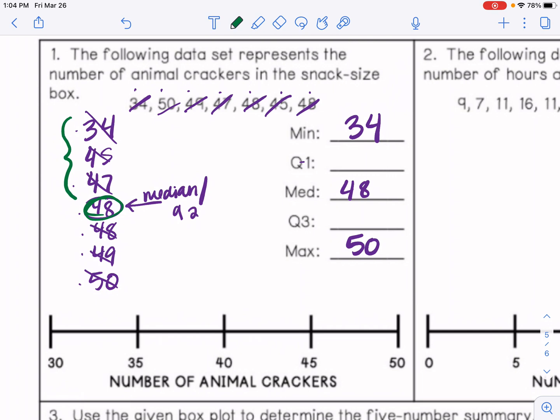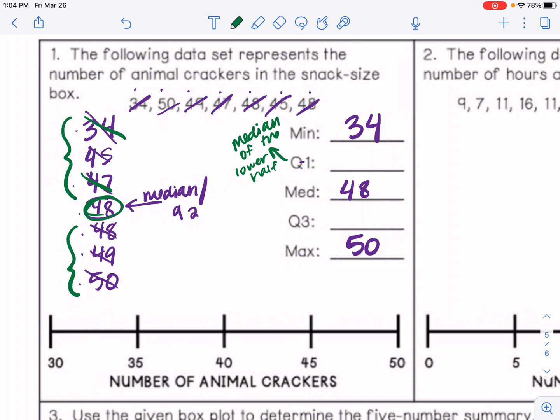If I had 2 numbers, I would include the top number in that. It would be different. And then my upper half, I'm going to save for later. For my first half, Q1 is actually the median of the lower half of my data.